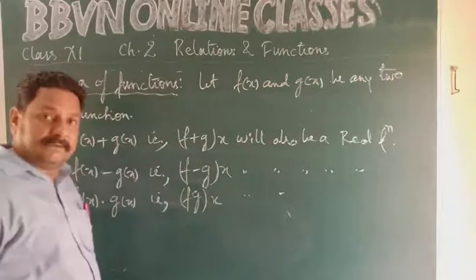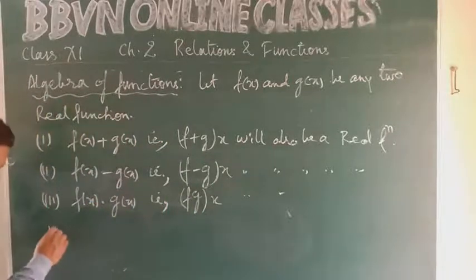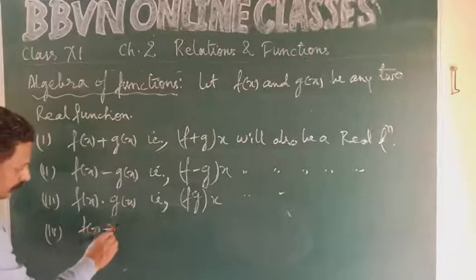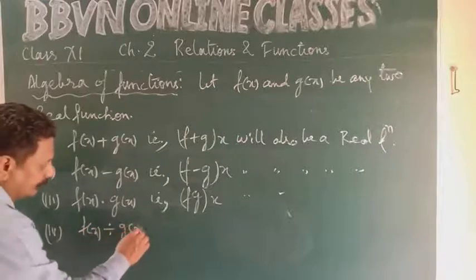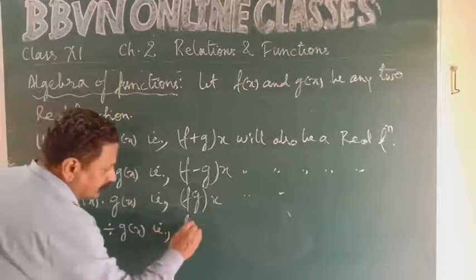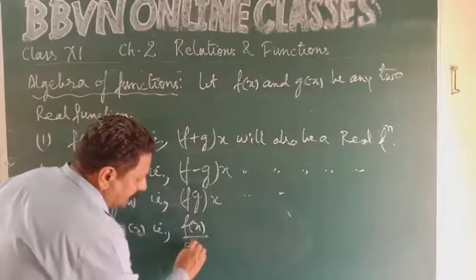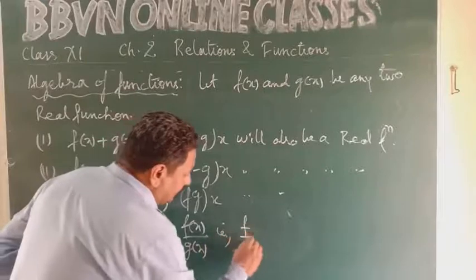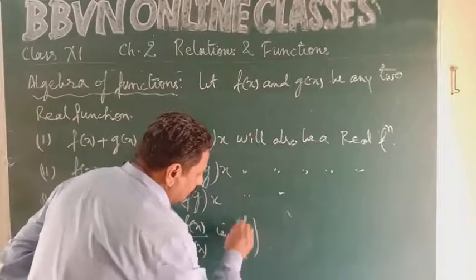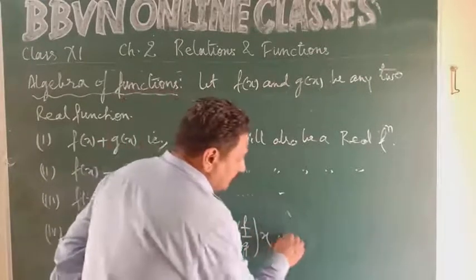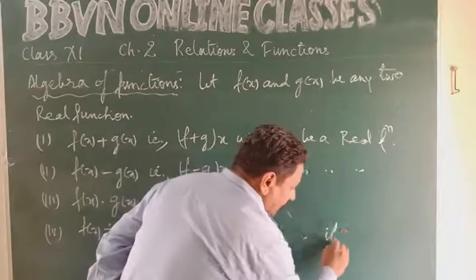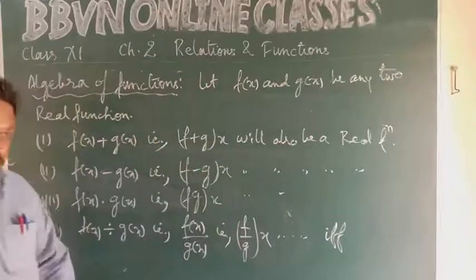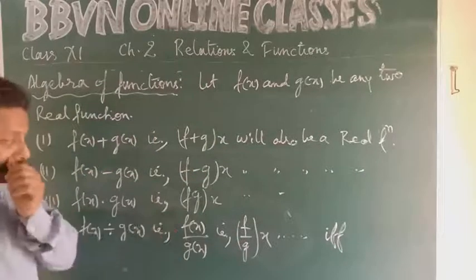Fourth point, their ratio, f of x divided by g of x, that is f of x upon g of x, will also be a real function if and only if there is a condition. See, it is in the form of ratio. It's a rational number, p upon q.